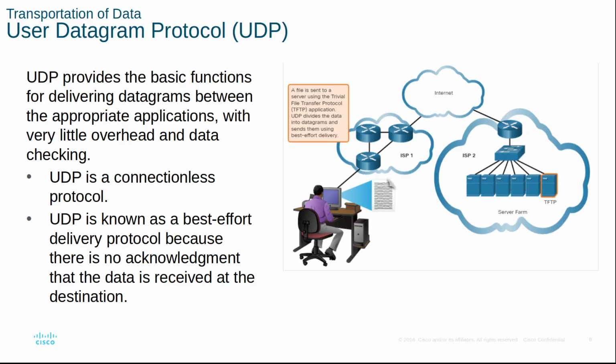It's known as a best effort delivery protocol because there's no acknowledgement that the data is received at the destination. I'll tie these up with some jokes at the end, but TCP makes sure that your packets get there, but it's got all this overhead. It's a bit slower. UDP is good for faster things. It just doesn't care, right? It doesn't have any mechanism to care if the packets get there. It can't check, but it's good if you need speed.